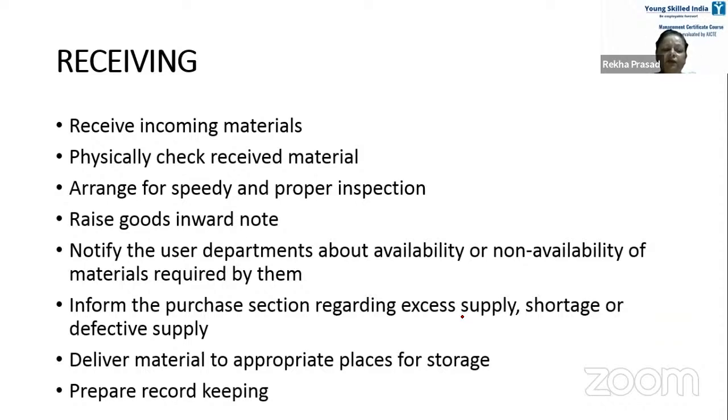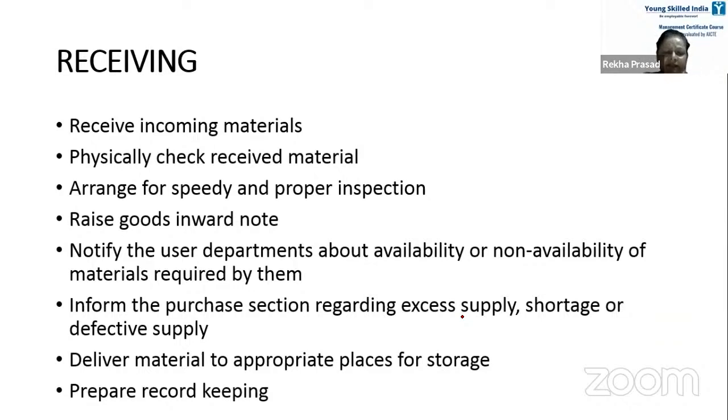Then you raise the goods inward note. Okay, these things have come and they have been checked and passed. And then you inform other departments whether the things which they require are available or not available. So accordingly, they can also plan their production. Suppose for some reason or other it is not available, maybe they can do something else meanwhile.